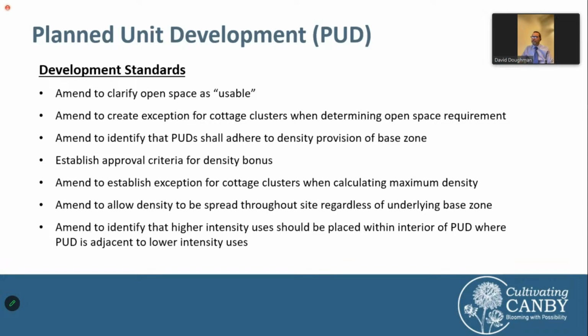And just to be clear, I think it's a good idea, and foresight, in terms of how the UGB expansion will play out, to consider things like cottage clusters, even though it doesn't seem that affordable.